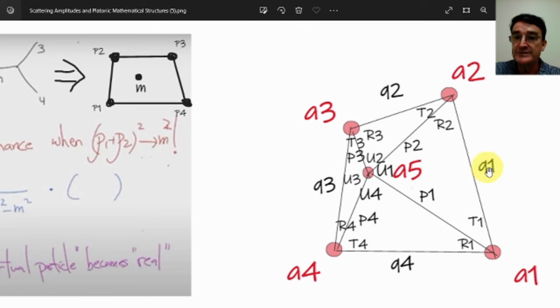We have quadrances Q1, Q2, Q3, and Q4. We have spreads at A1 of R1 and T1, R2 and T2 at A2, R3 and T3 at A3, and R4 and T4 at A4.